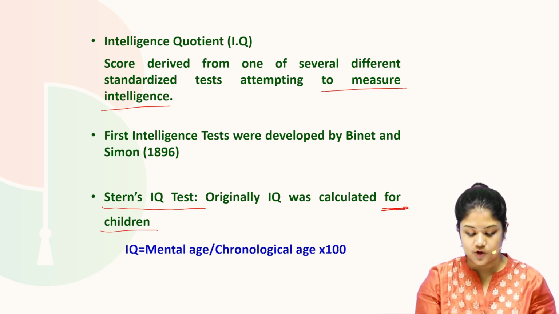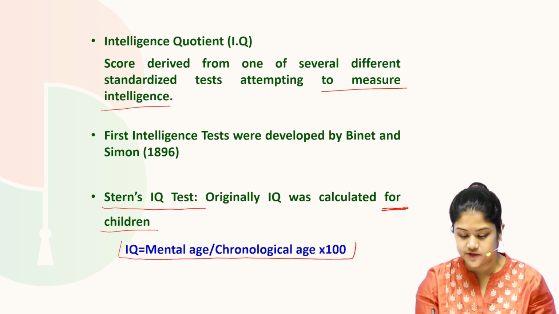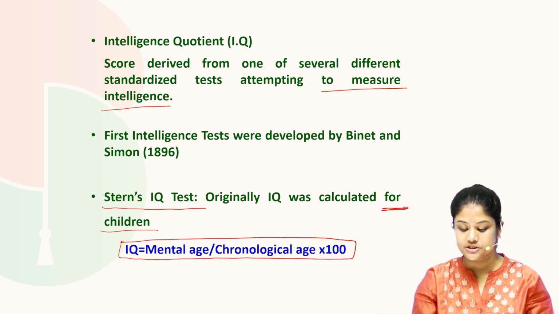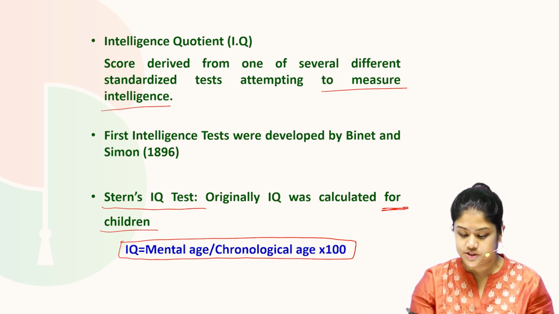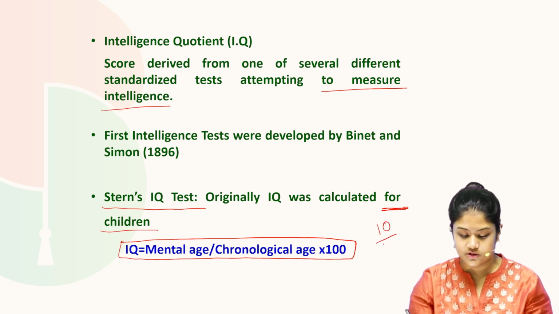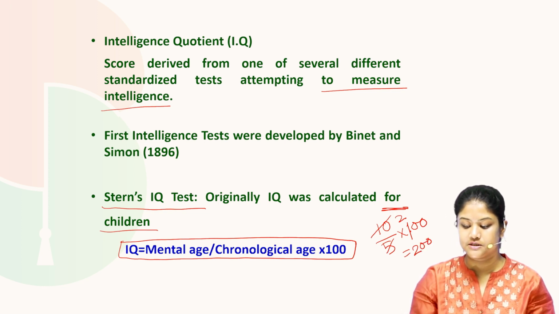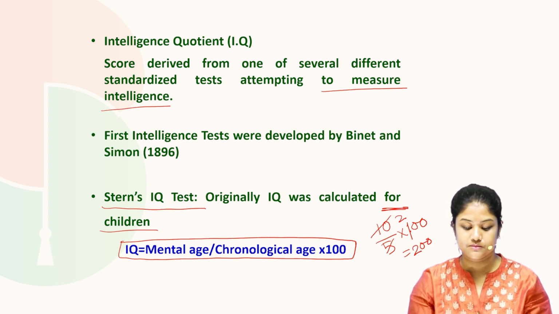IQ is given by mental age by chronological age times 100. Suppose our mental age is 10 and our chronological age is 5. So our IQ will be 10 by 5, that is 200. This is just an example that I am giving you.